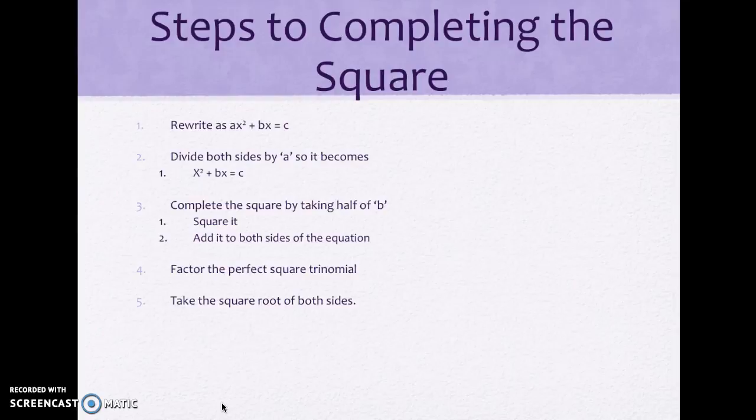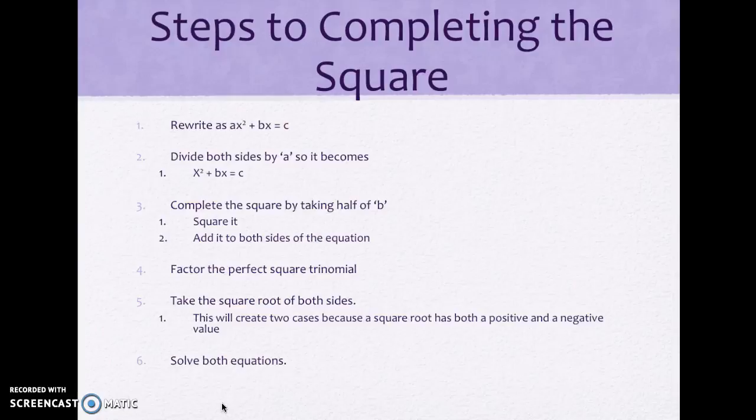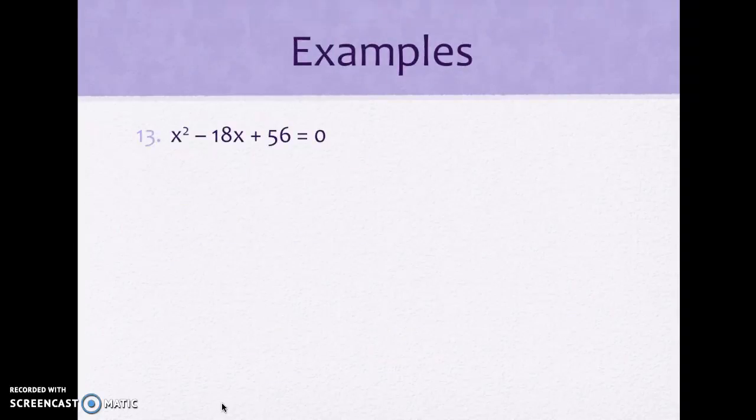Then we want to take the square root of both sides, and this will create two cases because the square root has both a positive and negative value. Solve both equations. To solve both equations, you want to simplify all irrational and complex answers. So let's look at some examples, because right now that's a bunch of words, but let's actually visualize what happens.